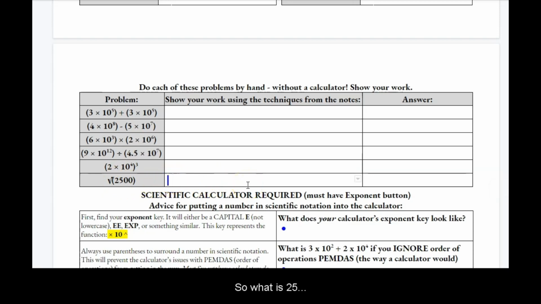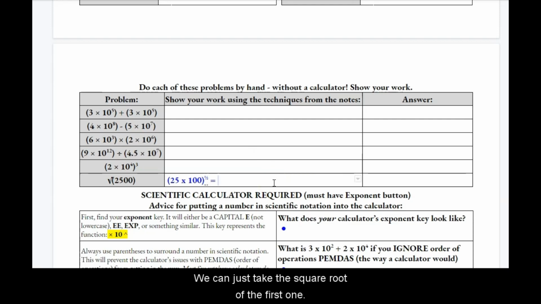What is 25 times 100? It's 2,500, so let's do that. 25 times 100. And so that's the same as writing 2,500. And so now we can say this whole thing is to the 1/2, because that is what we learned a square root symbol is.